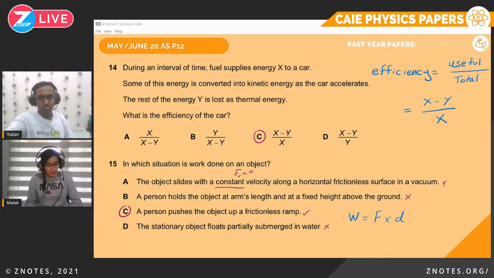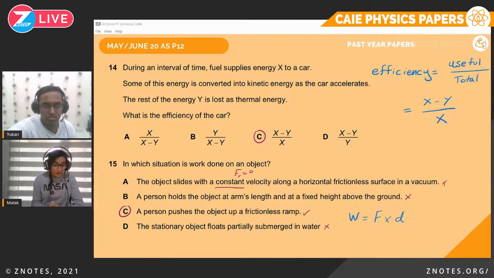In which situation is work done on an object? First off, very quickly, work done is force times distance. So we need a net force and we need a distance moved. The object slides with a constant velocity along a horizontal frictionless surface in a vacuum. Constant velocity means net force is equal to 0, which again means no work is done.